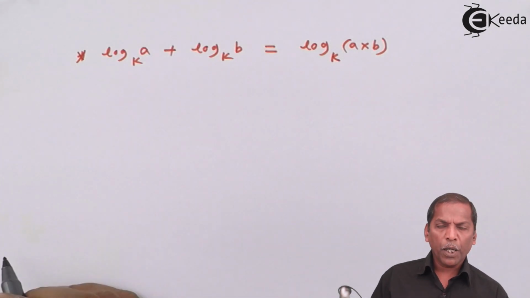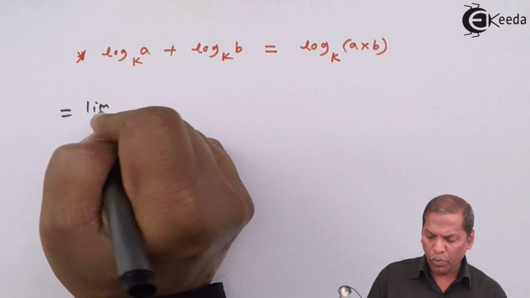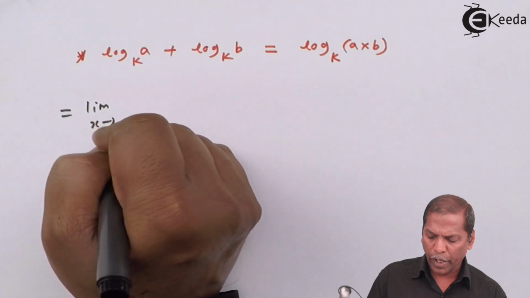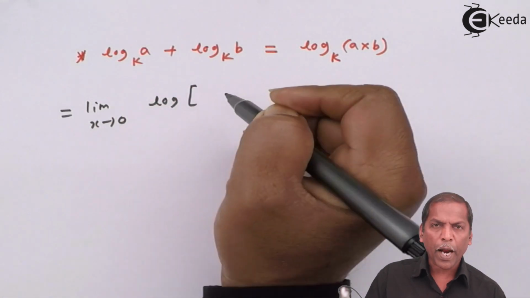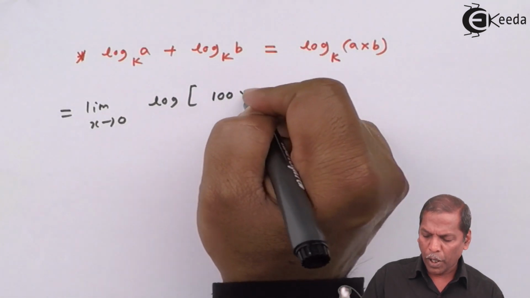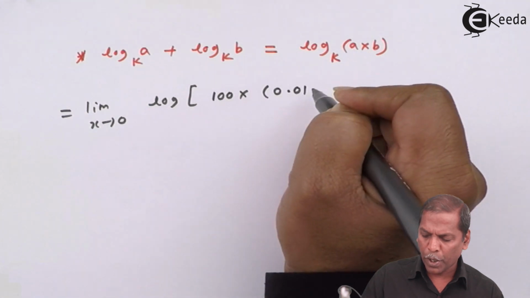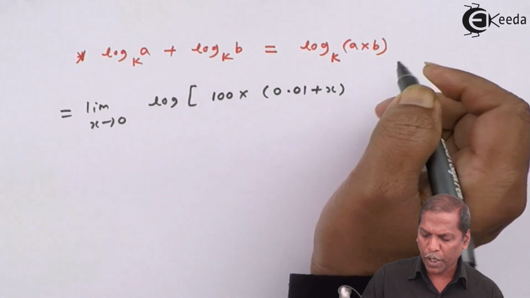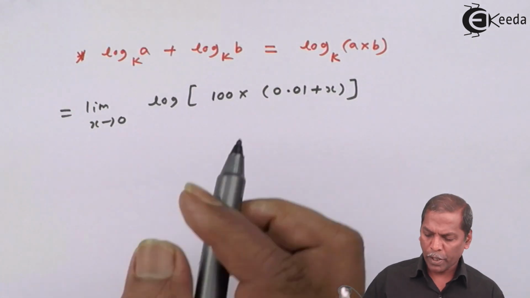So by using this rule, the next step will be equal to limit x tends to 0 log in bracket 100 into another bracket 0.01 plus x and finally square bracket completed.